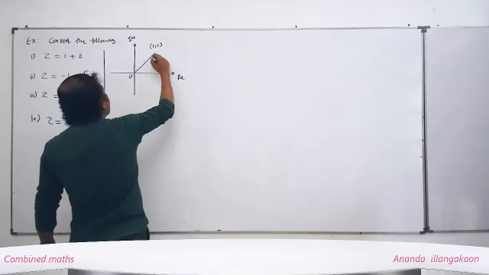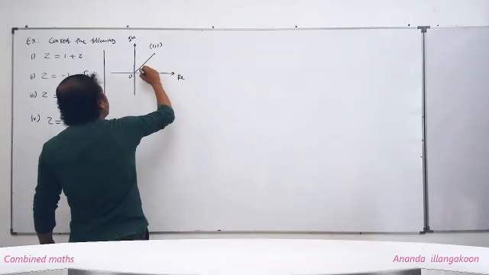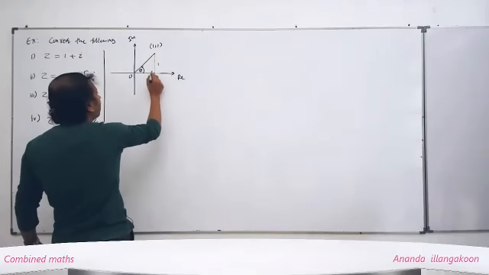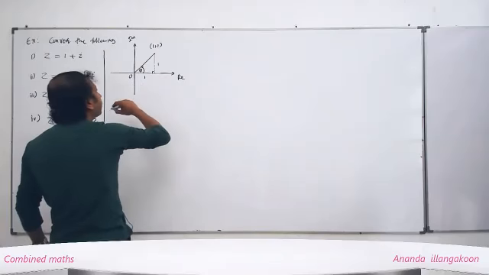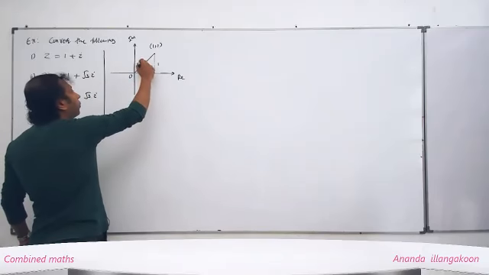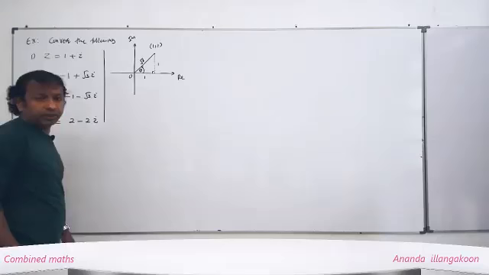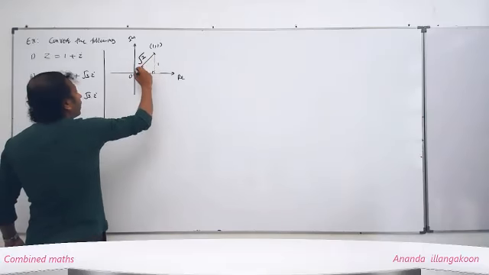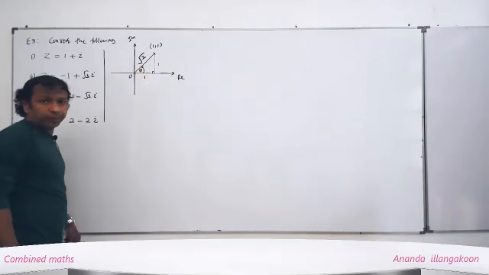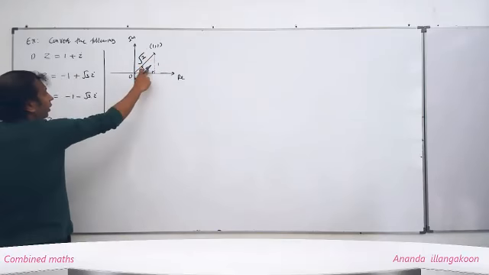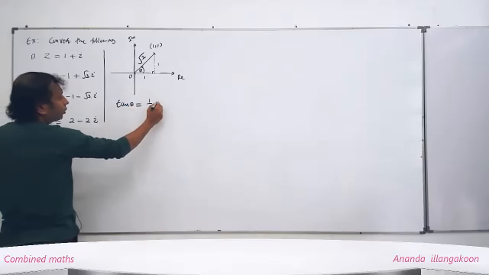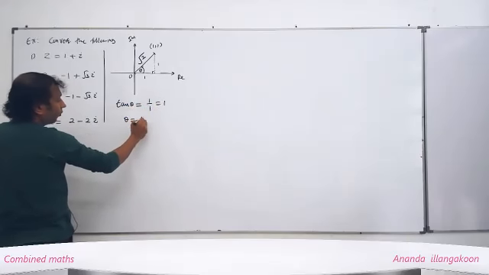Then this length we need, and this angle we need. Very clearly you can see this is in the first quadrant. This is 1, this is 1. This length is, people, what? Root 2, no? That I directly obtained by Pythagoras theorem. And this angle, you can write tan theta is 1 by 1, it's 1. Theta is pi by 4.